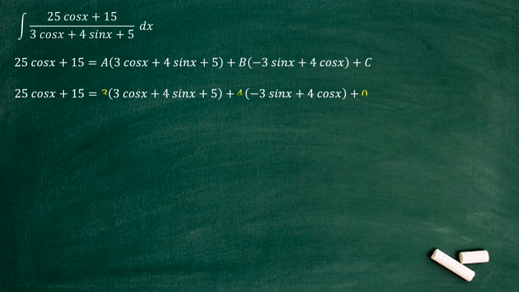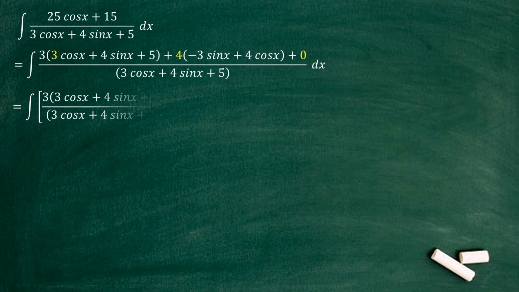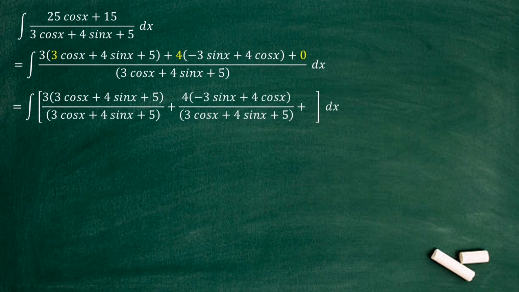Now we can divide the numerator values from the denominator value separately. Then we can cancel out the numerator value and the denominator value. 0 over 3 cos x plus 4 sin x plus 5 equals 0.